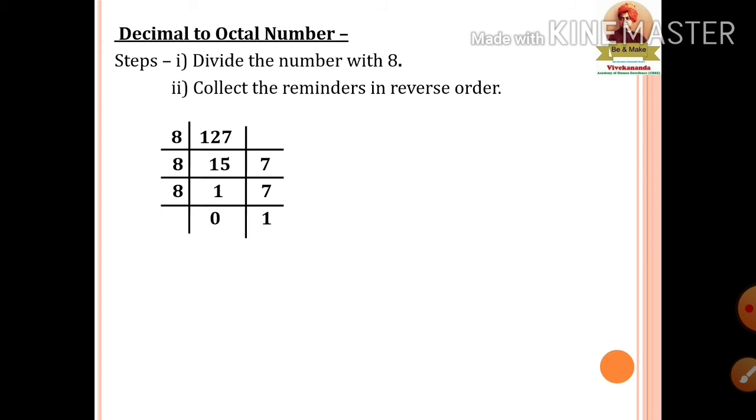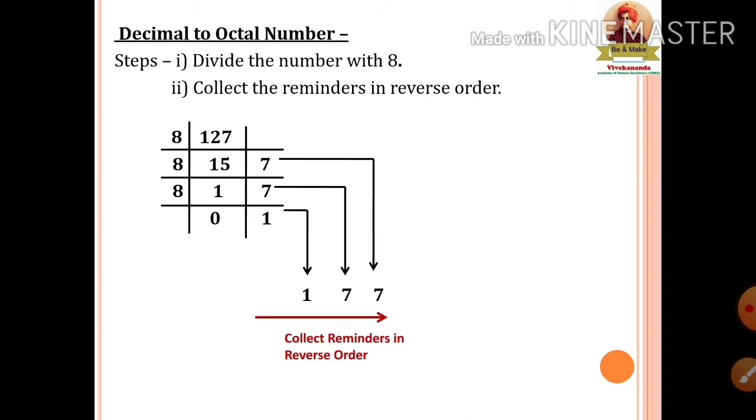Again divide 1 by 8, we get the quotient 0 and the remainder 1 as it is. Now we are going to collect all the remainders in reverse order. Note down the remainders here and collect them in reverse order.